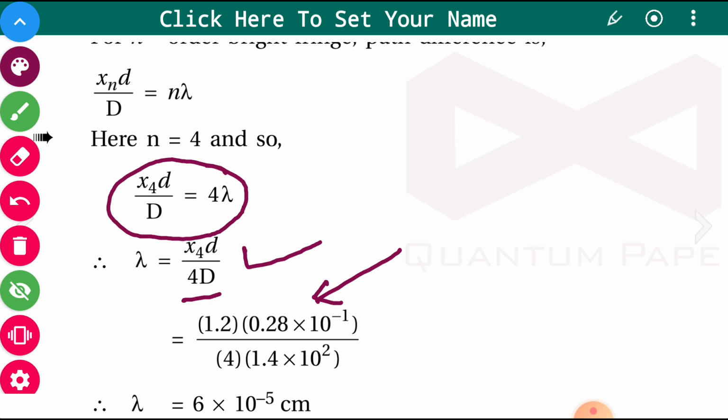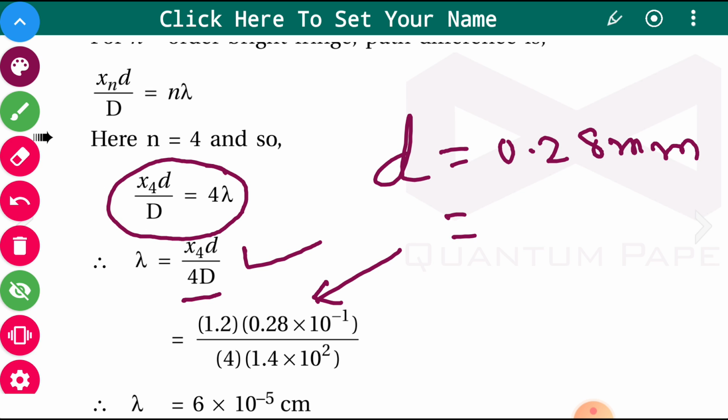Here they are converted into centimeter. Small d is given 0.28 millimeter, so to convert it into centimeter, it is 0.28 into 10 raised to minus 1. That is why it is written here.